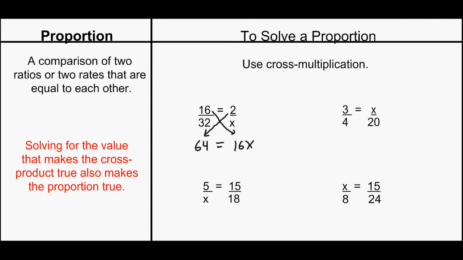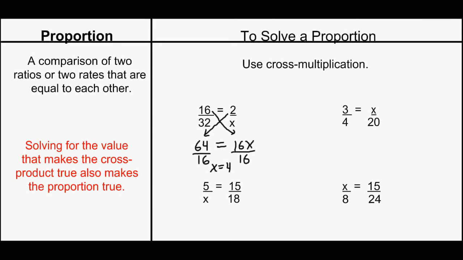When the cross product is equal on both sides, then we know that the value of x is the value that will make both fractions equal a proportion. Because x is a missing factor, we will solve for x by dividing. 64 divided by 16 is 4. X equals 4.